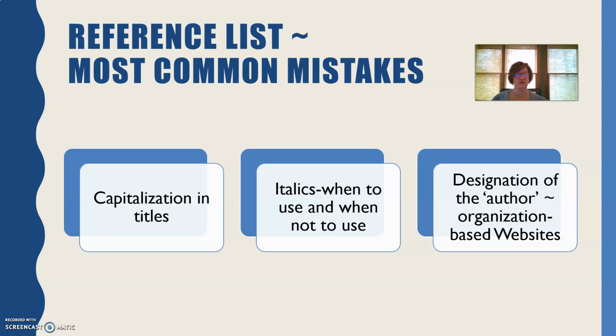Very often you can scroll all the way down and find the organization. Very often in government websites, they'll have a name for the website that may just be for that website, but the author would be the organization. It may be the Department of Health and Human Services versus the name of the website.